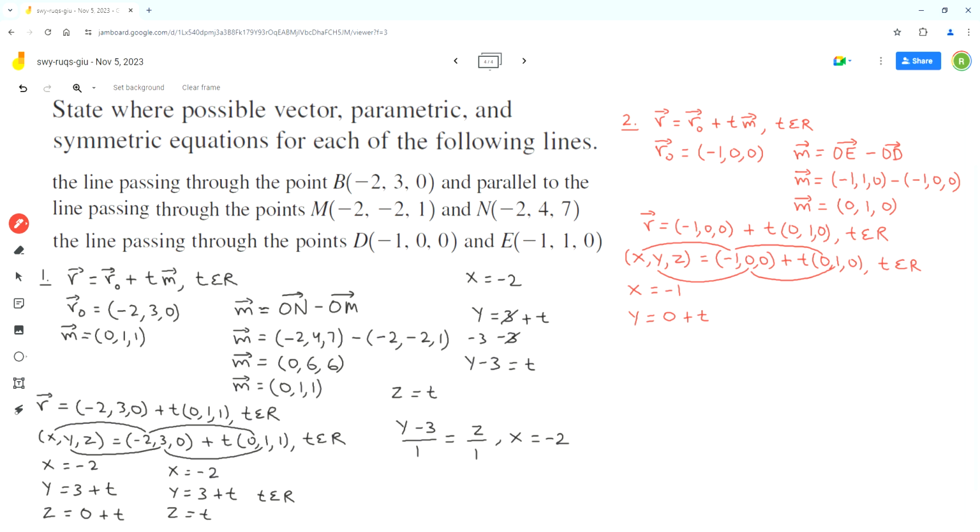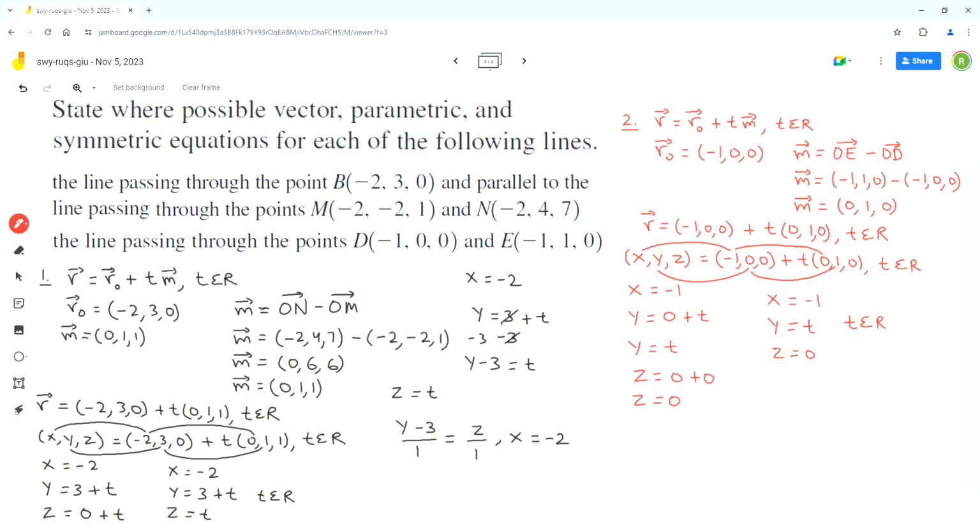We can ignore the 0 in this y equation. So I get y equals t. Now we can write the z equation. I get z equals 0. Now we can write these three equations together. So these are the parametric equations for this line.